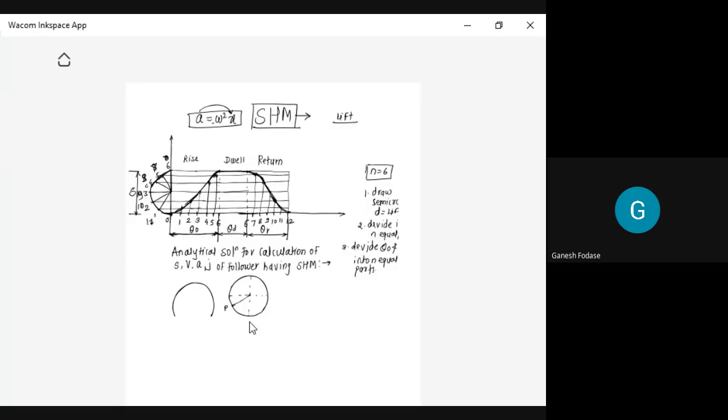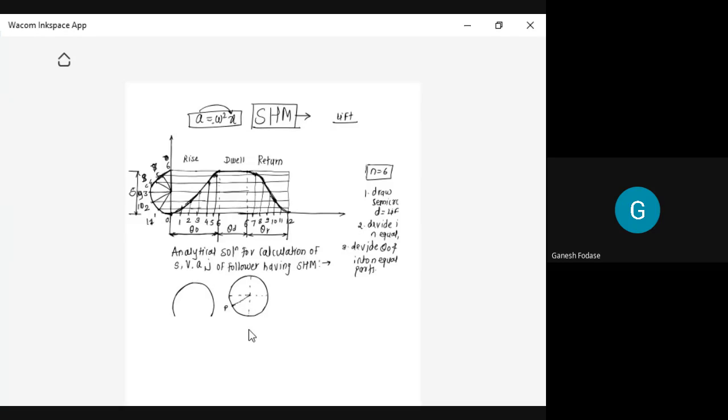To find the follower displacement at any instant, when this cam rotates through angle theta, the follower is moving in a vertical direction. So the projection of this point on the y-axis gives you the follower displacement. I repeat, the projection of this particle P on the y-axis gives you the follower displacement.